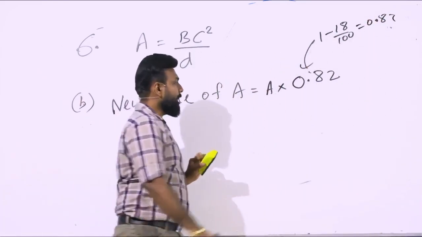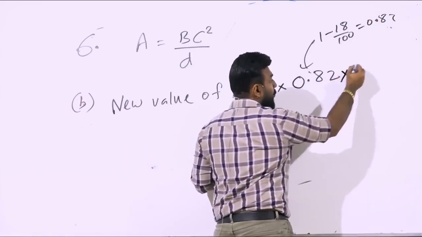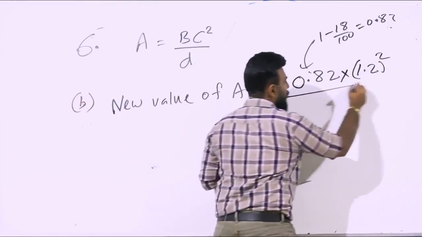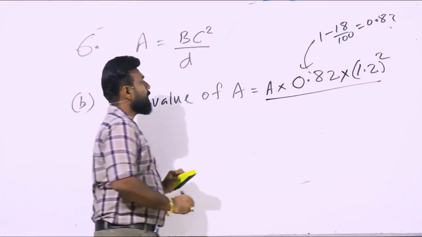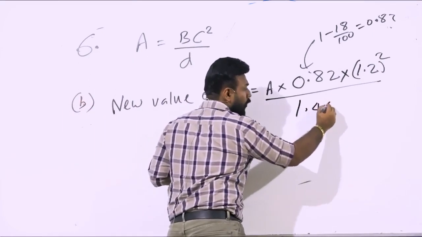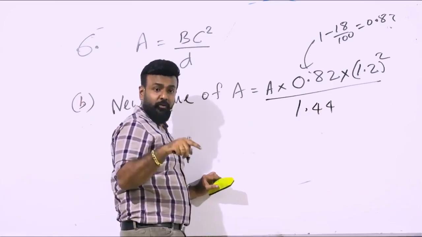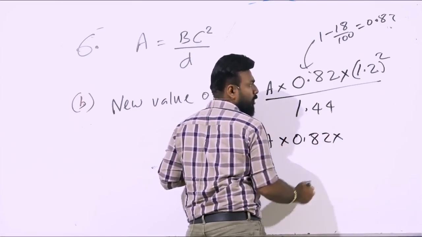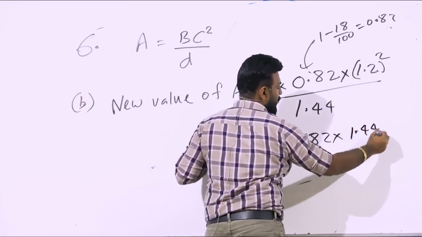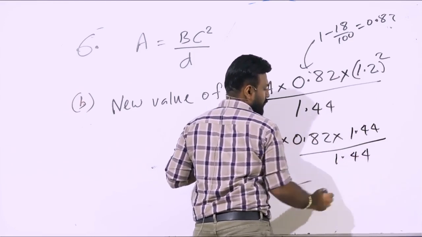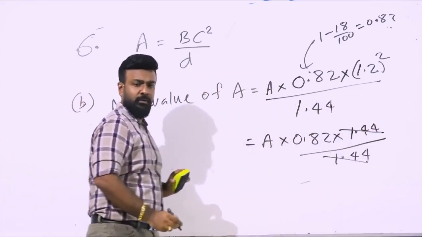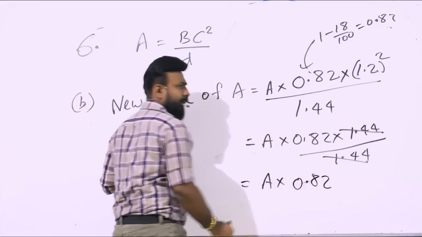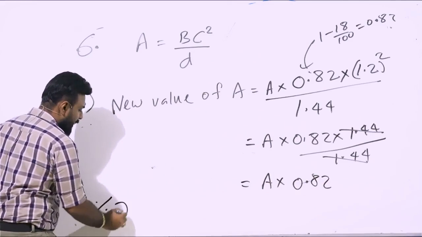Into 1.2, then square, divided by 1.44, since D had a 44% increment. This is A into 0.82 into 1.44 divided by 1.44, which cancels. What is this? A into 0.82. You tell me what the percentage decrease of A is.